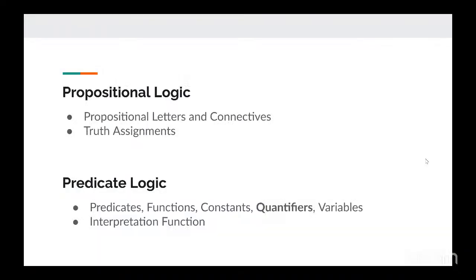So next slide, please. We looked at 2 main types of logic in this course. The first one, if you remember, was propositional logic. That was the one that had all these propositional letters, we had the connectives, right? And we had those truth assignments, truth tables here.